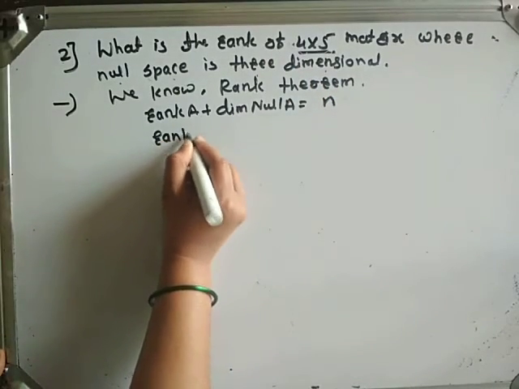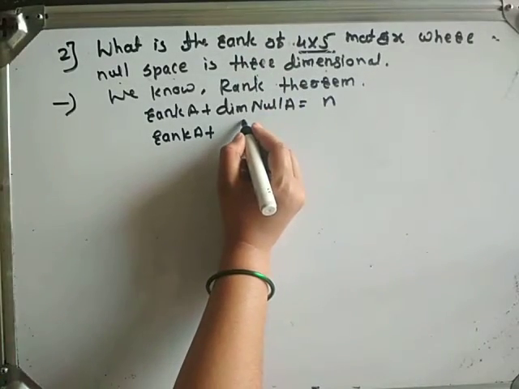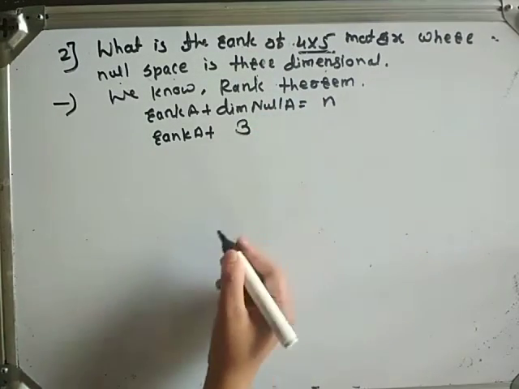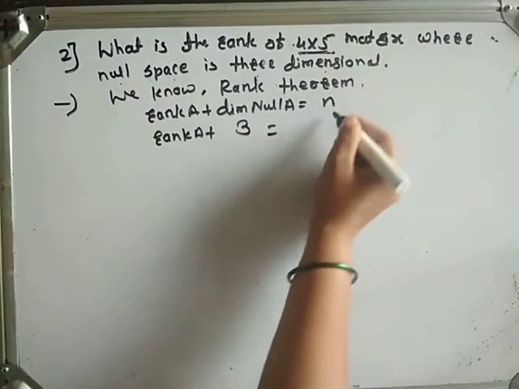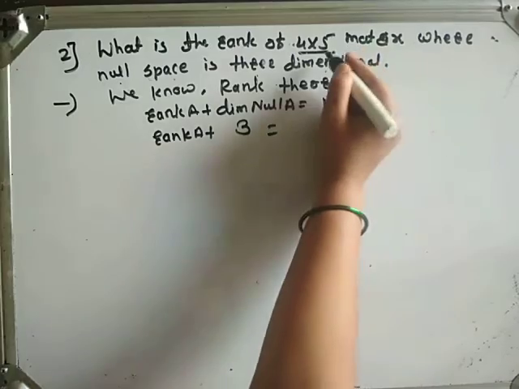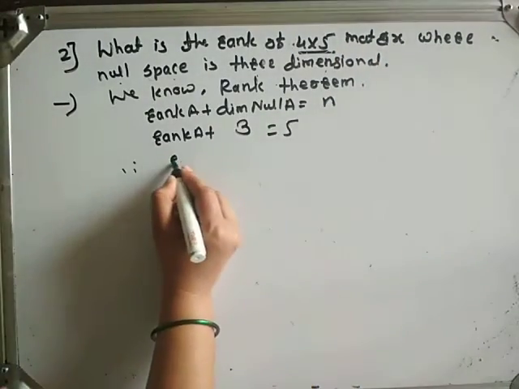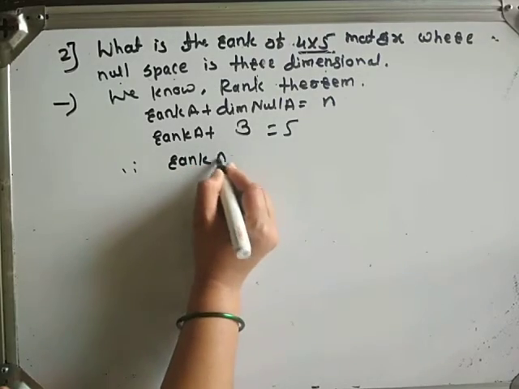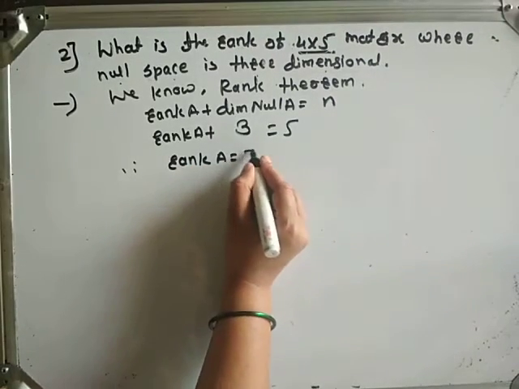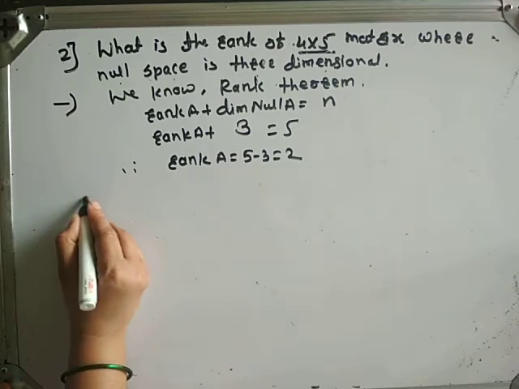So rank of A plus dimension of null space, which is given as 3, is equal to n. n is nothing but number of columns of a matrix. Here number of columns are 5. Therefore rank of A is equal to 5 minus 3, which is equal to 2. Therefore rank of A is equal to 2.